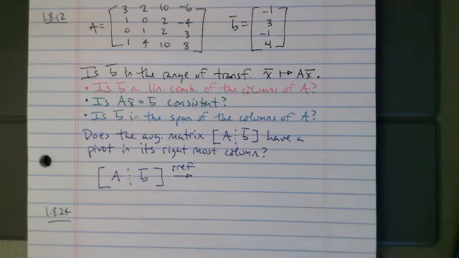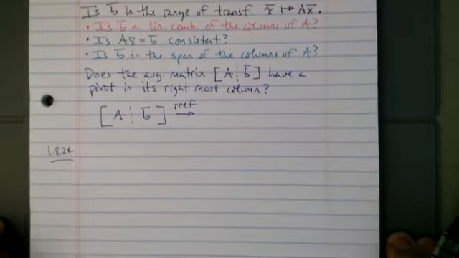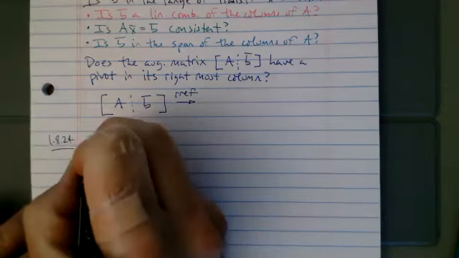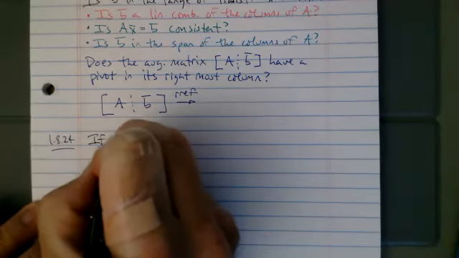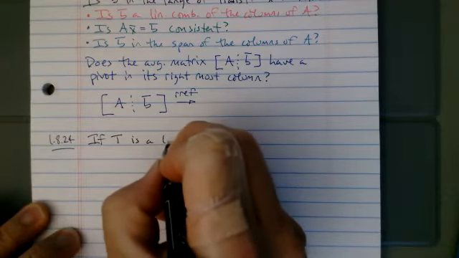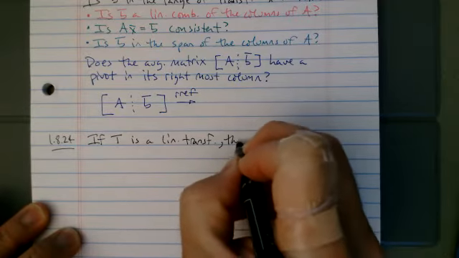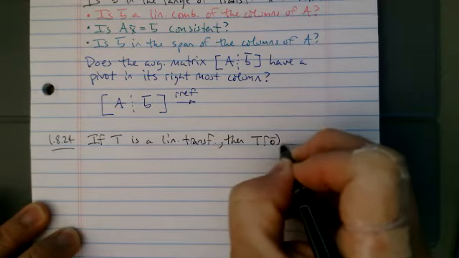we can use the fact that a linear transformation respects linear combinations. So since a linear transformation respects linear combinations, if T is a linear transformation, then T of 0 is equal to 0.